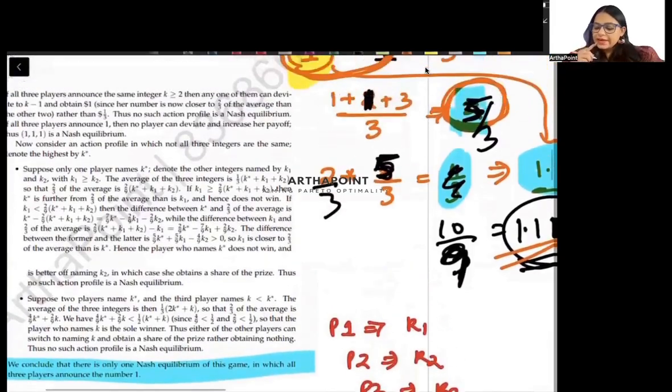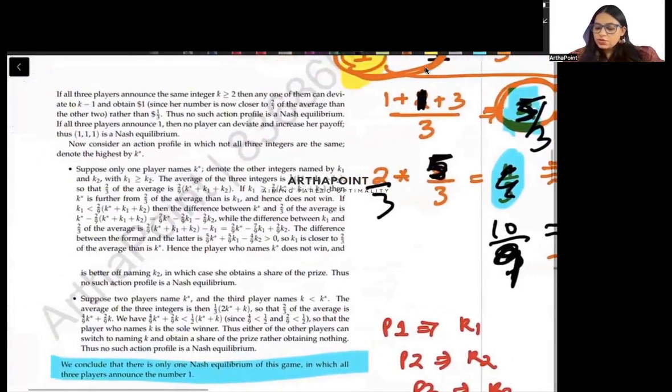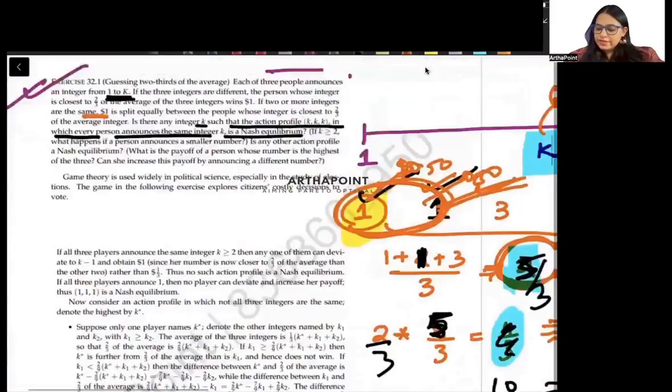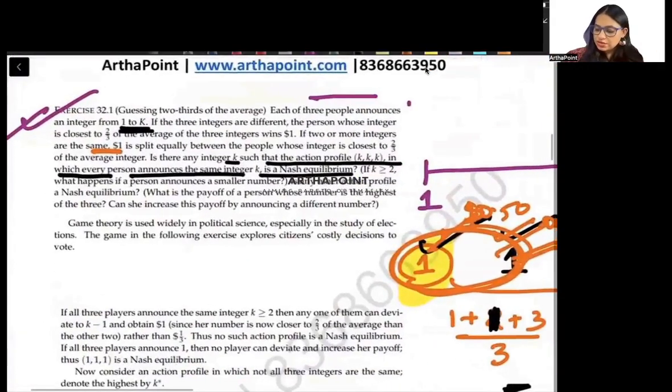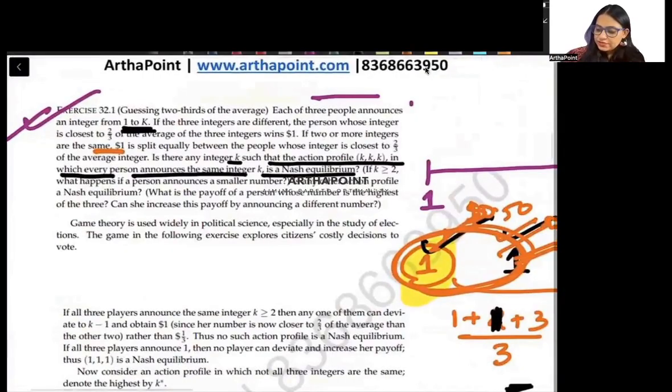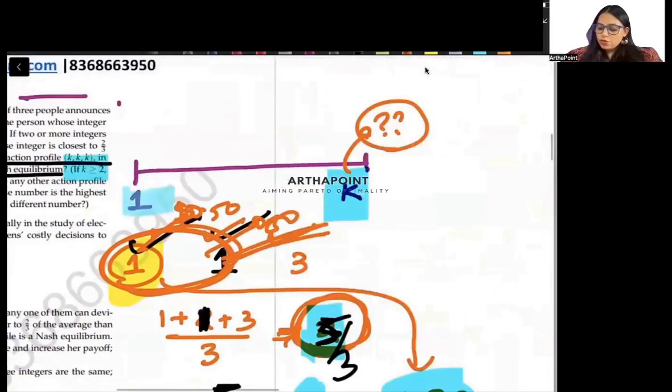Here we assume the second case, that k is greater than or equal to 2, meaning this is going from 1 to at least 2, or from 1 to 3, or 1 to 4. K is greater than or equal to 2.